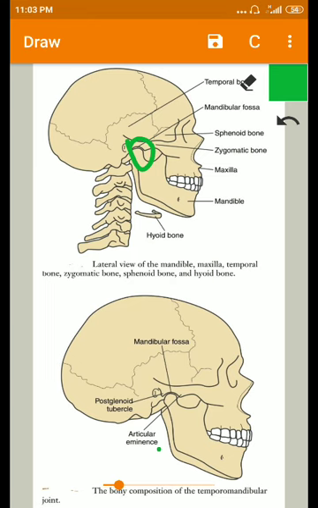So this temporomandibular joint is also exhibiting a complex function.